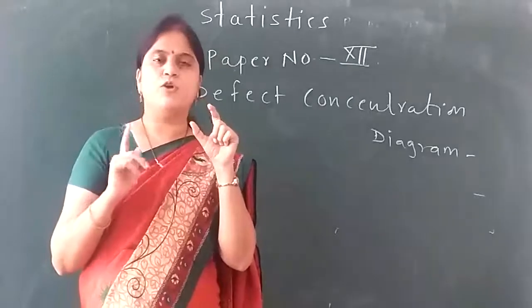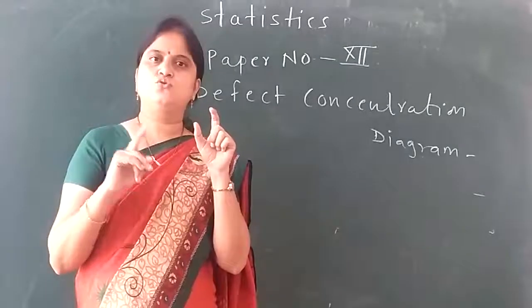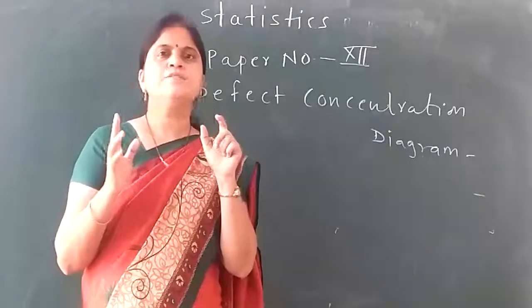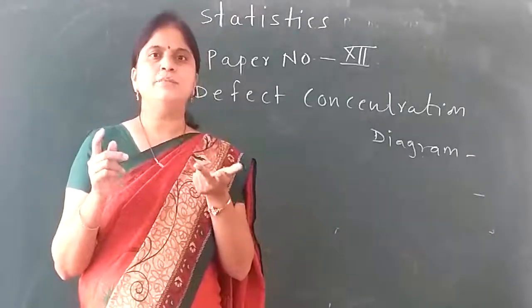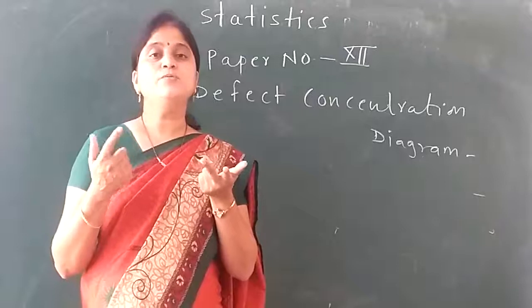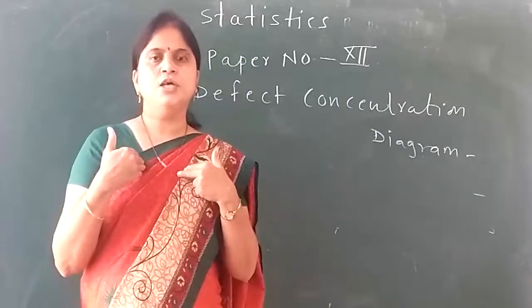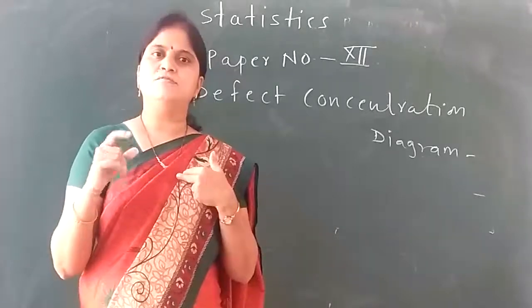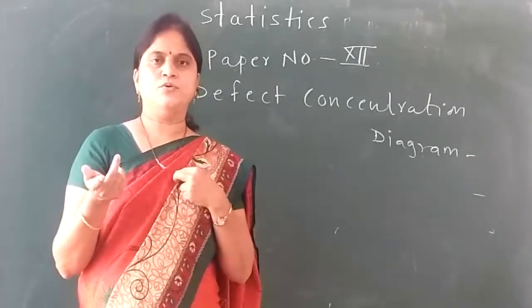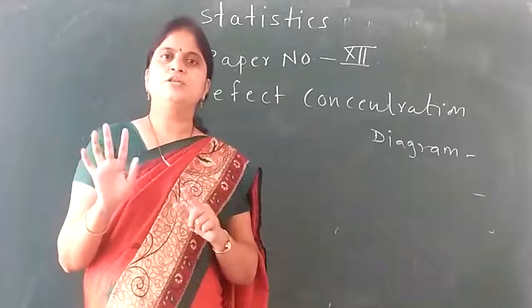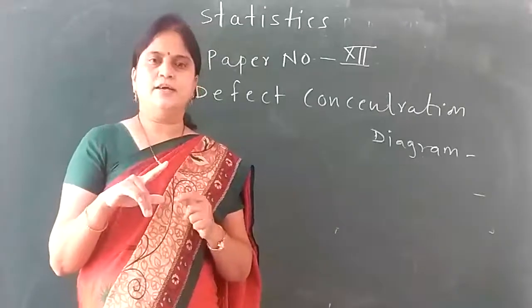We must plot x1 and y1, x2 and y2 in this manner. Suppose I have a problem related to height and weight, then we plot height on the x-axis, and the corresponding weight is plotted on the y-axis. Getting the concept? Fine. That is the scatter diagram.